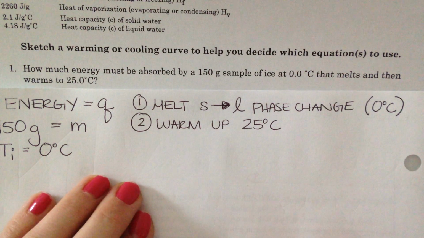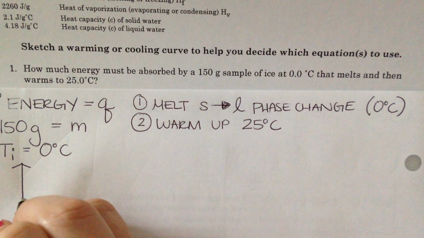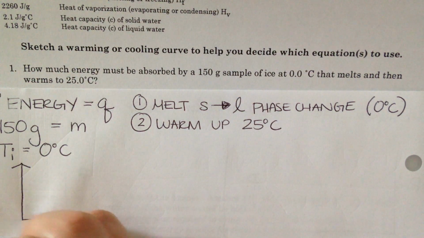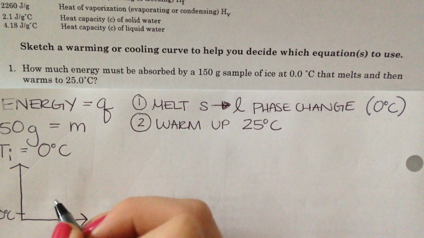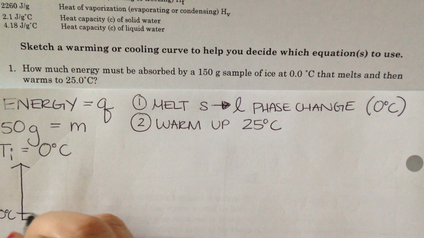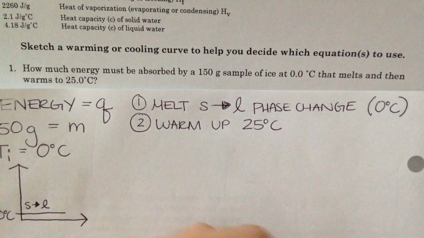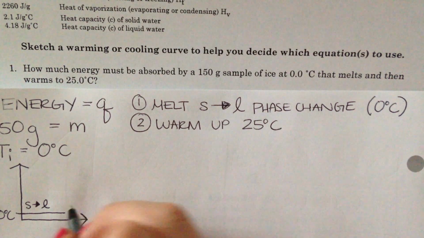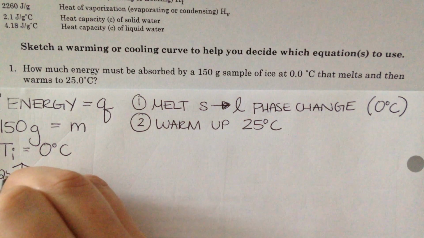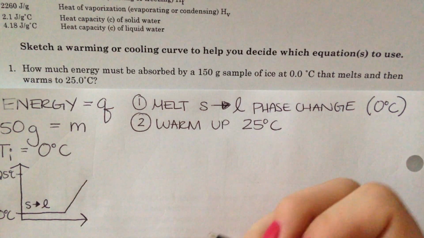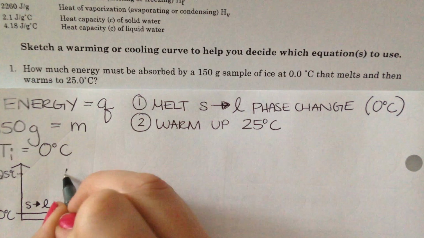So if I were to do a heating curve of the situation, I can start my heating curve at 0, and at 0 it's going to go from a solid to a liquid. My second step is that the liquid is going to warm up to 25 degrees Celsius. That means in my second step I have a temperature change.